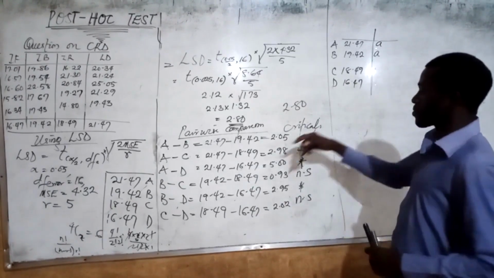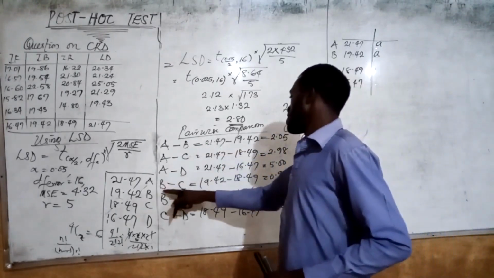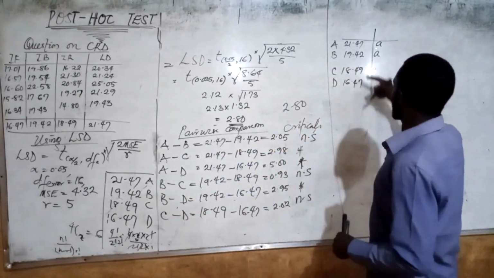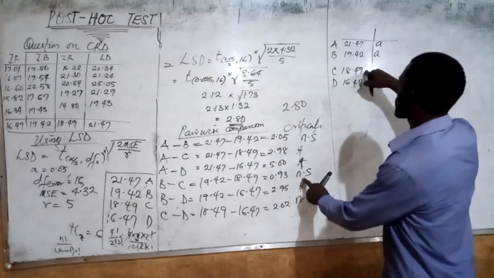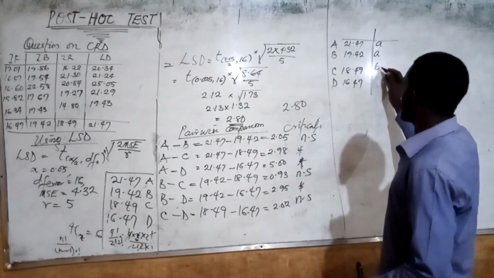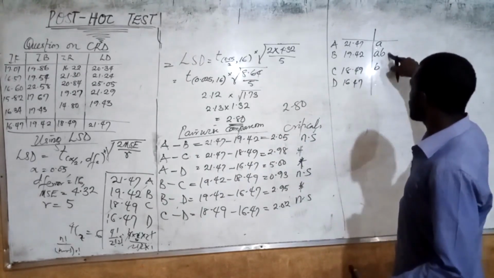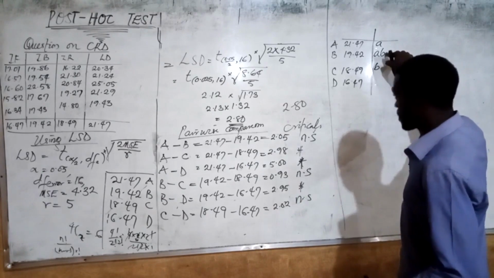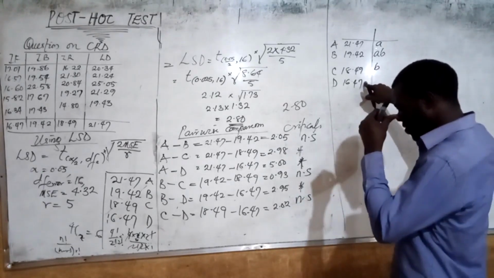Alright? Now let's compare B and C. There is no significant difference, so we can put B here. And since this one is not significantly different from this, we can put B back here again. Let's compare the next one, C and D. No significant difference.